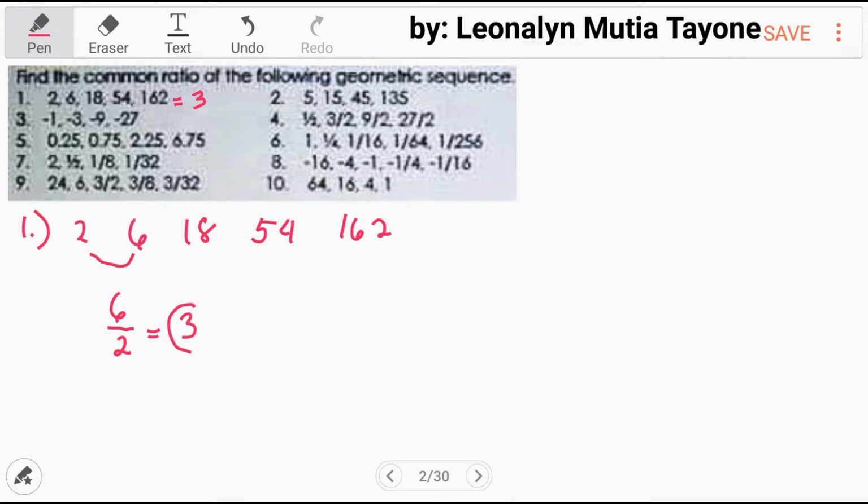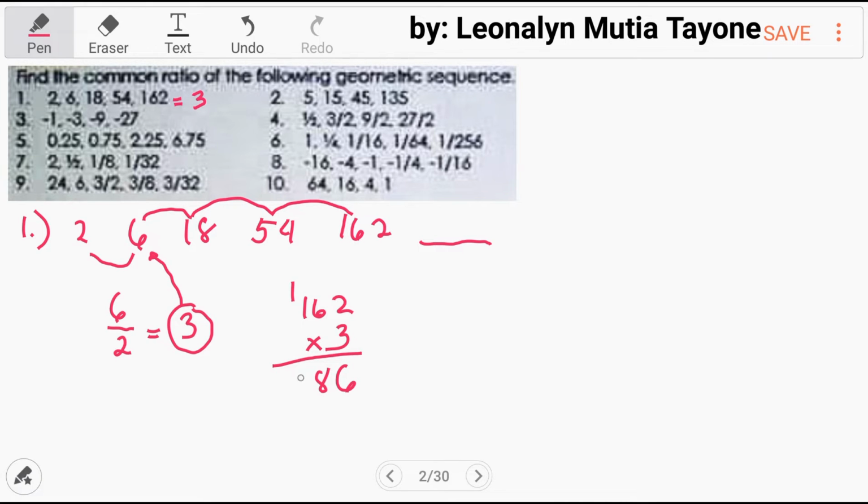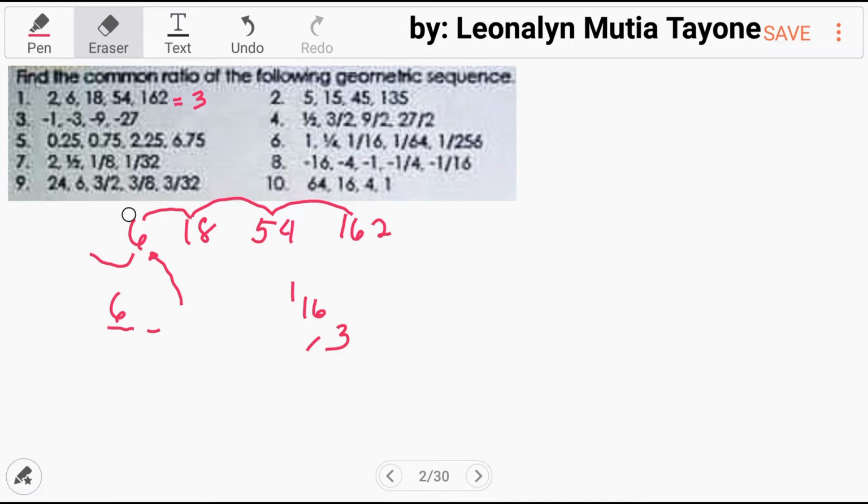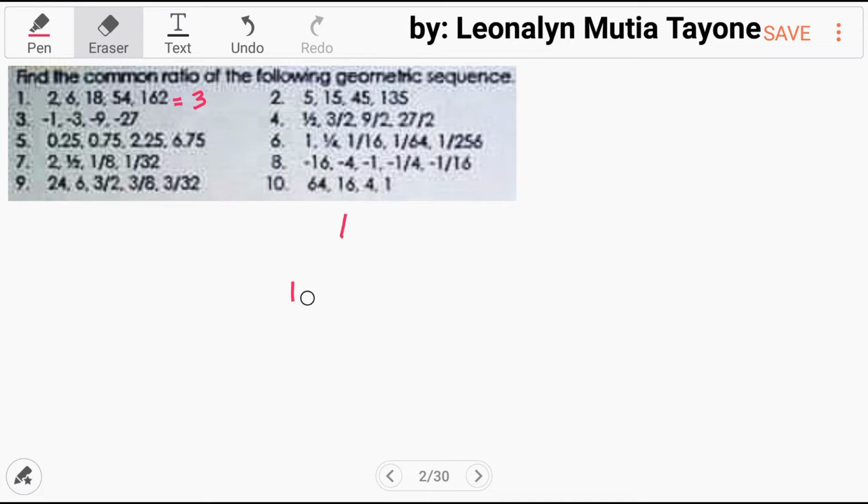So itong common ratio na 3, yan yung pang-multiply natin sa mga numbers na ito para maging 18, para maging 54, at para maging 162. Now, kung identify natin ang next term, 162 times 3, and that is, this is 6, 18 carry 1, 486.